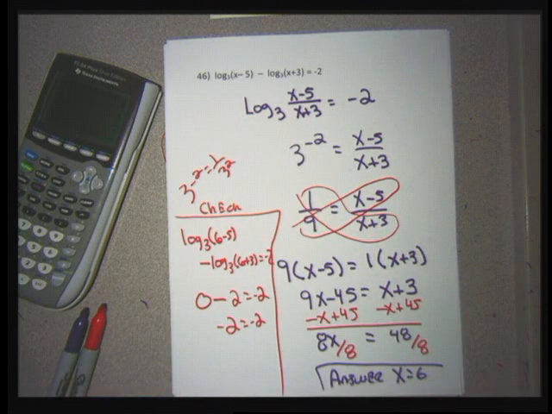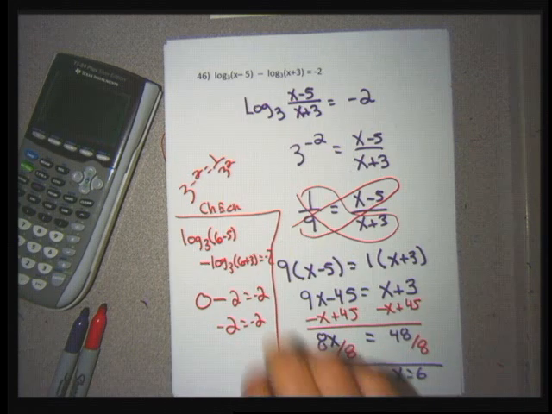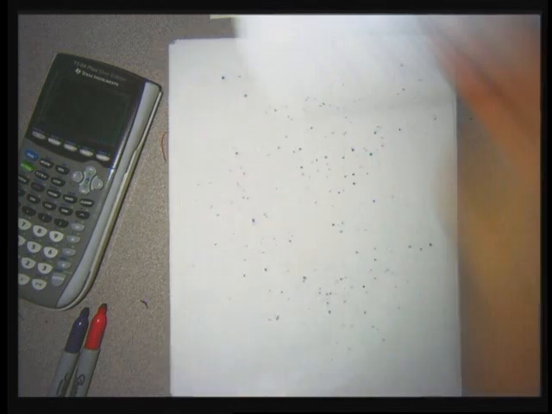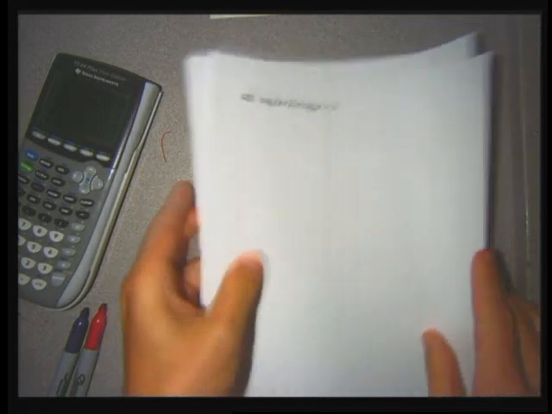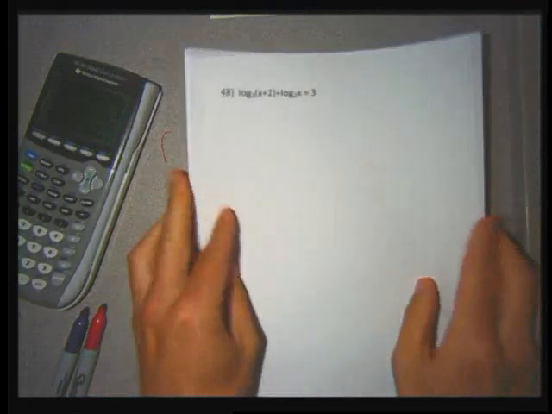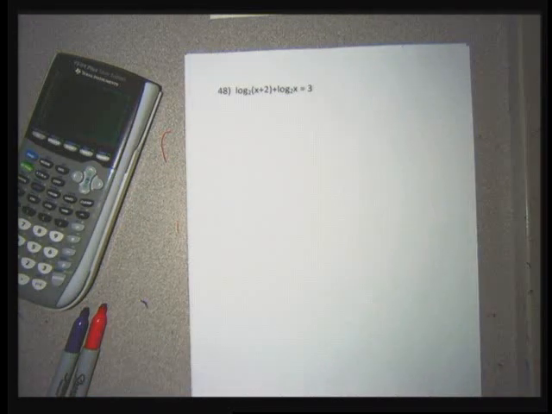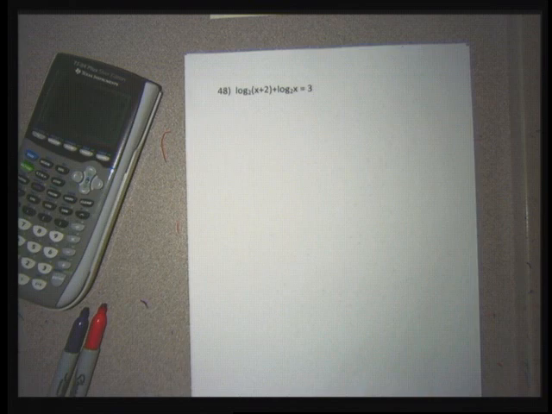So every problem so far, I did algebra, and my answers all checked, because I didn't really make a mistake. The next two problems, even when I do perfect algebra, I'm going to get an answer that doesn't check. 48 and 50 are both going to lead me to two answers, and one of the answers checks, one of the answers doesn't check.